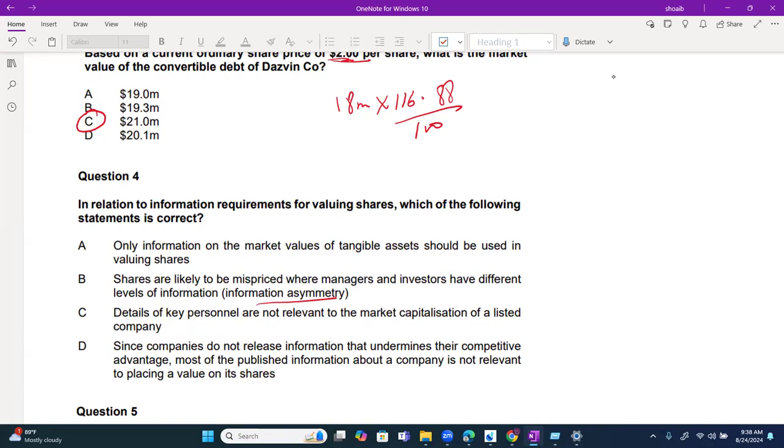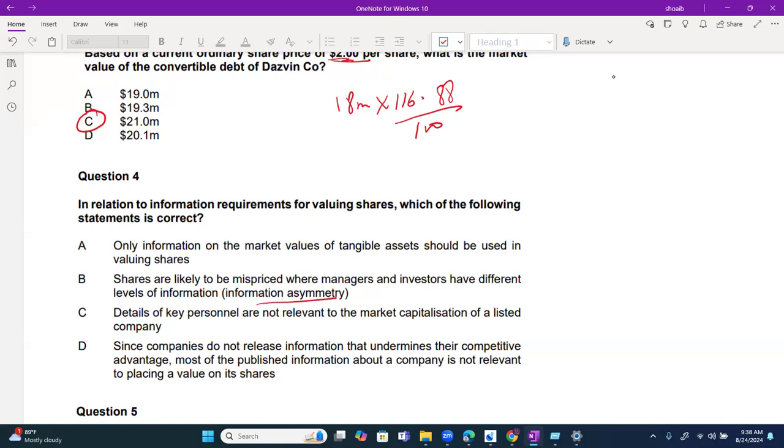Details of key personnel are not relevant to market capitalization of a listed company. Especially in service-based companies, key personnel or key employees are very important. If they leave the company, market value will go down. Since companies do not release information that undermines their competitive advantage, most of the published information about a company is not relevant to placing a value on its shares.